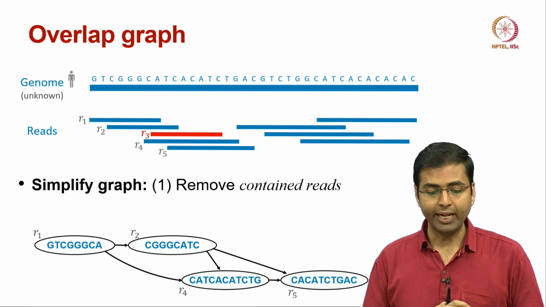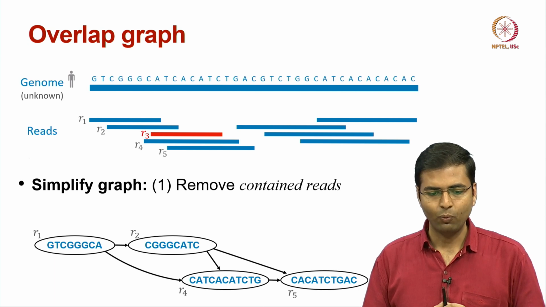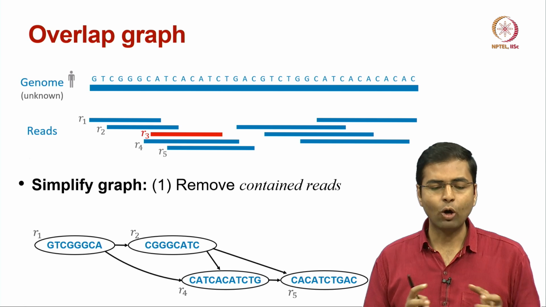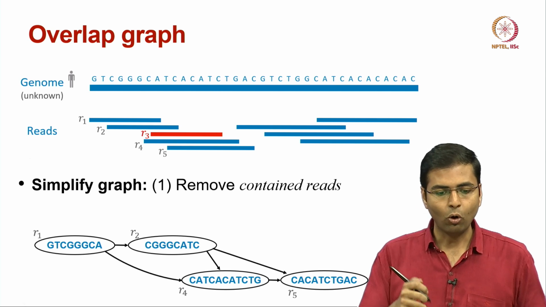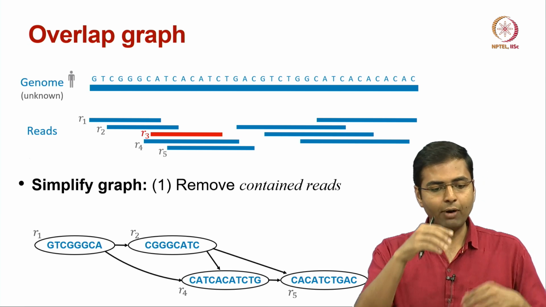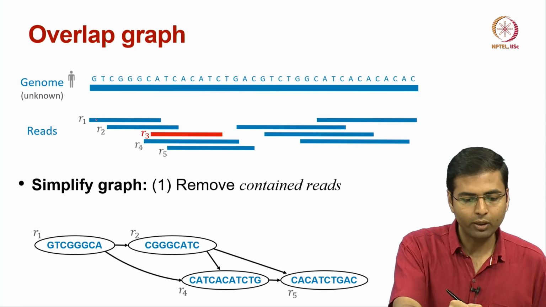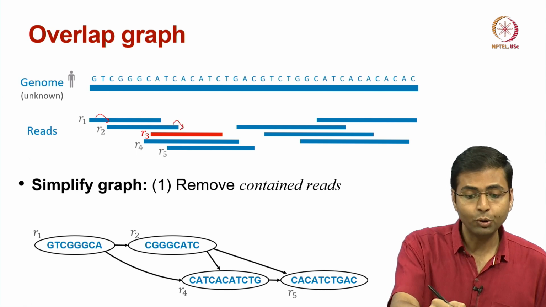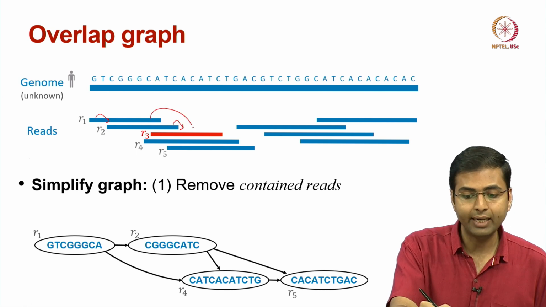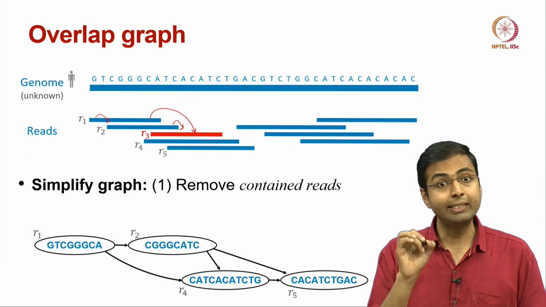Now, what next? What else can we do to simplify the graph? Well, observe that in an overlap graph we are considering all possible overlaps. In this case you are considering overlap of R1 to R2, R2 to R3, but you are also considering overlap of R1 to R3 as well. So, there is redundancy in the edges as well.